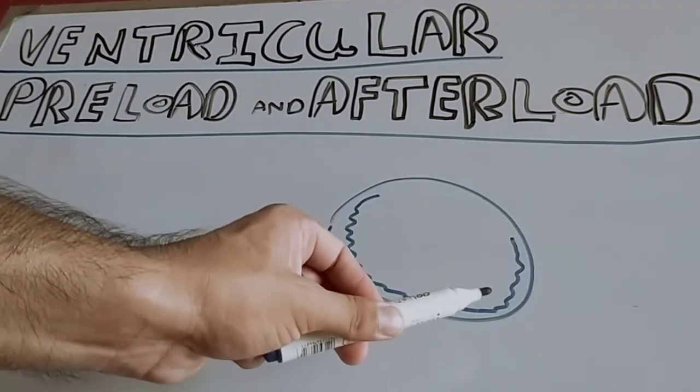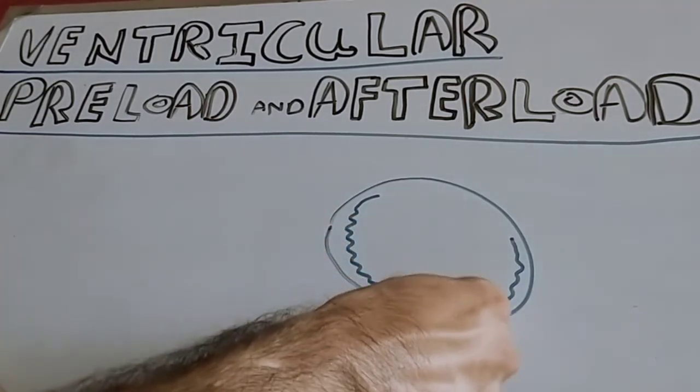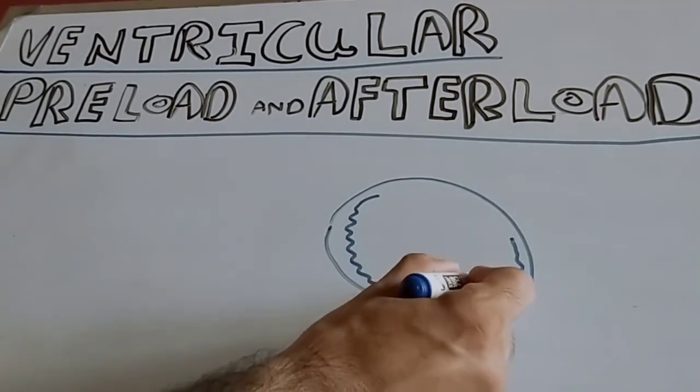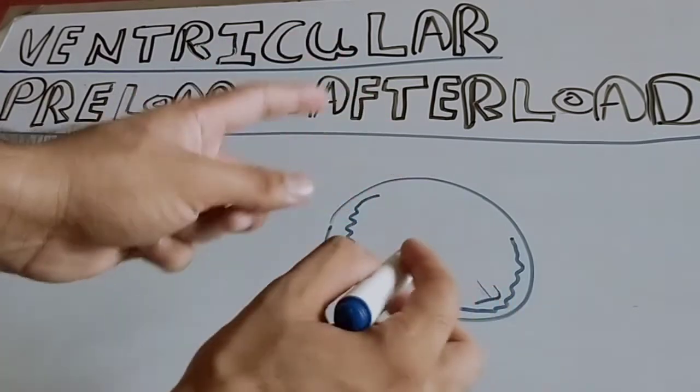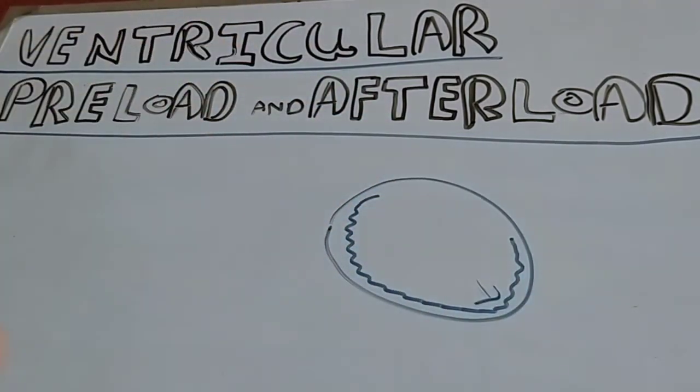The tension is present in the walls of the ventricle, and the blood is also exerting force on the ventricles. So these two, blood and the walls of the ventricle, are creating a resistive force, so that the blood cannot be propelled out of the ventricles.